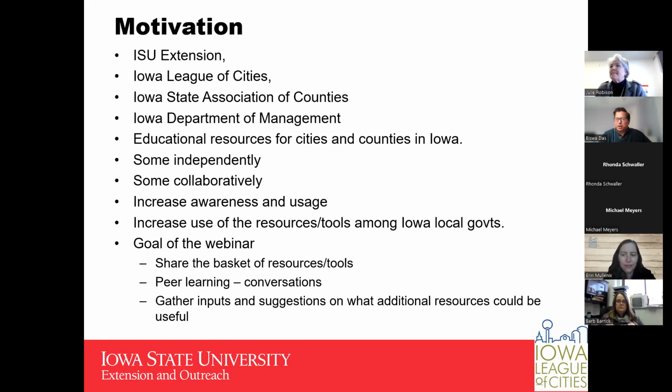We do keep track of how our resources get used, and we try to reach out to find how well we are serving the information needs, the data needs that you all have. And we believe that although there is generally a sense that most folks know about some of the resources and tools we have, I think there is still scope for more people to use them. So that was the thinking of why we decided to spend one session just talking about all of the different kinds of resources and tools that are out there, which are once again targeted at all of you. The goal being to increase the use of these resources and tools among our local government officials.